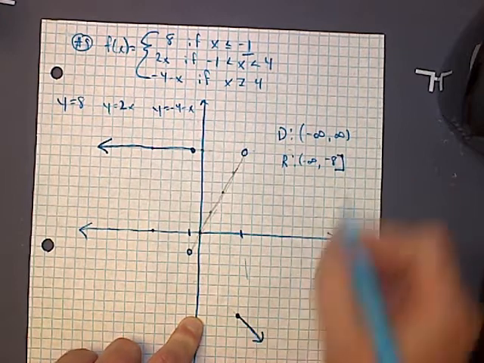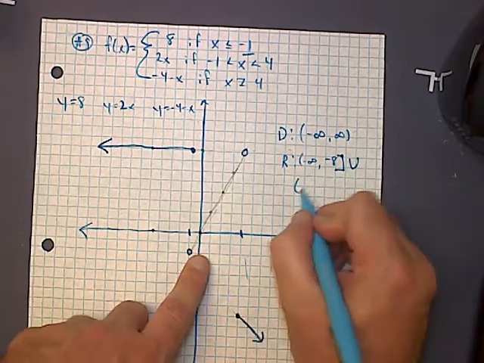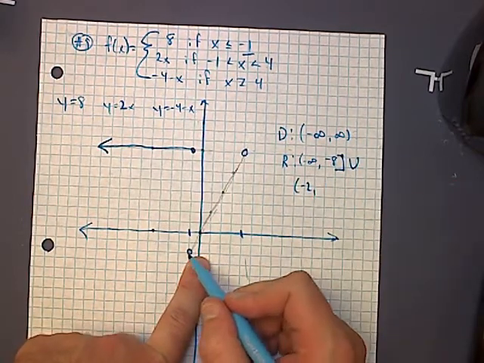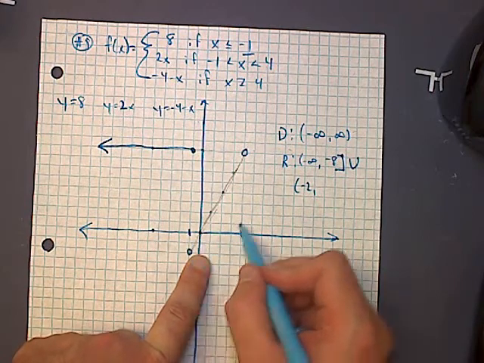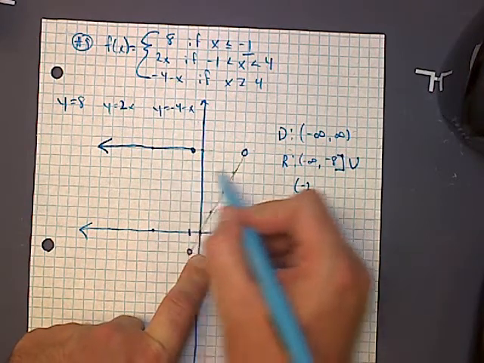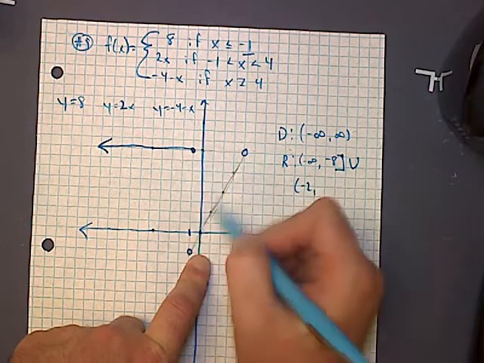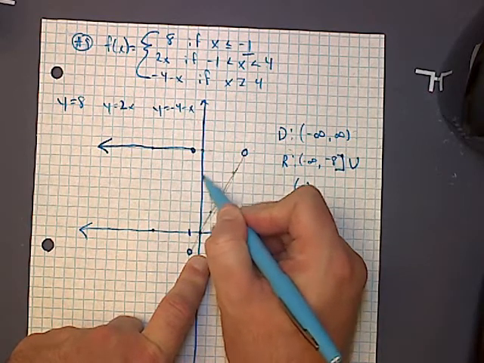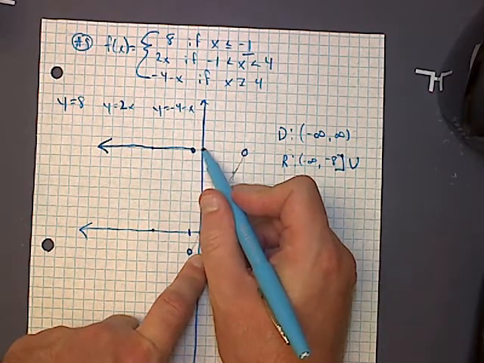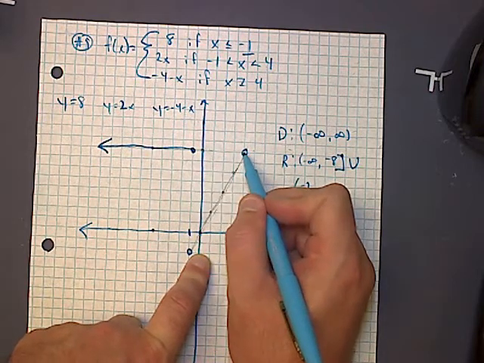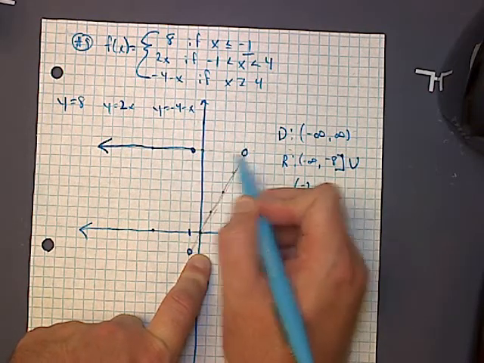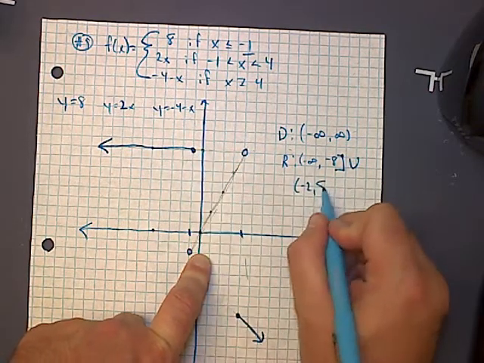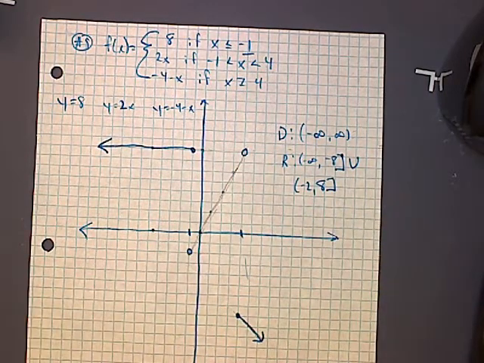Bracket, because it's closed. Union, pick back up at -2, and there's a parenthesis because it's open, and it keeps hitting the y. Here it goes up to 8. Even though it's open here, it's closed here, it would be a bracket because that cancels out.